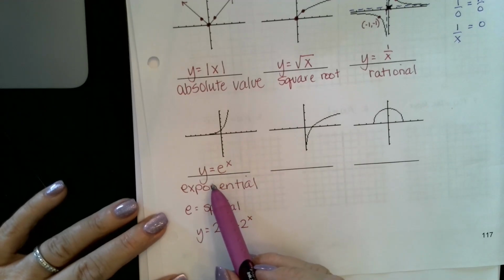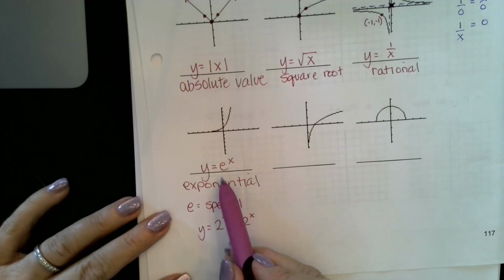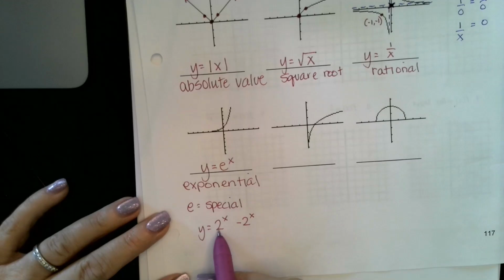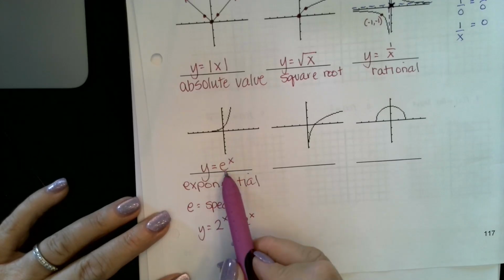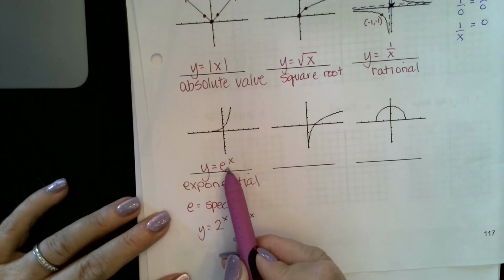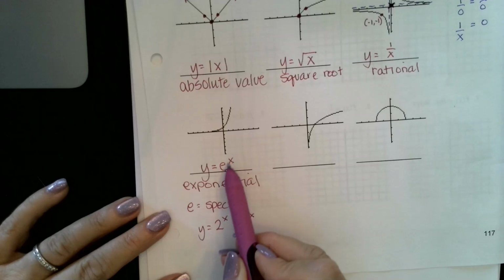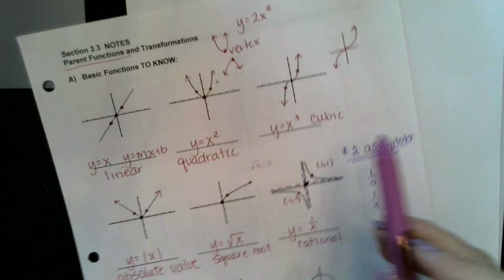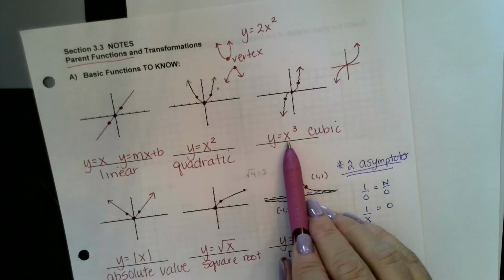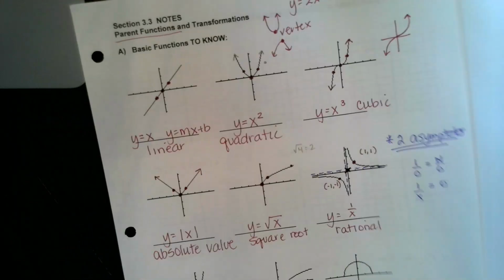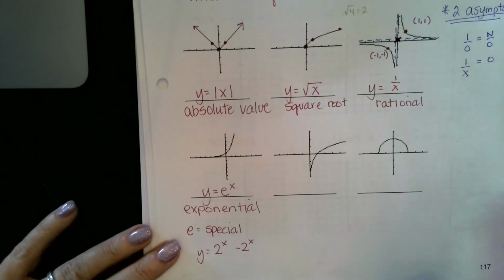E is like pi. It's 2.71 something. And so this letter E tells us that we're going to have some base, and my base here is E, and I take that to the x power. So that's why it's exponential, because my x is up here in the power. It's not like a cubic where my x is the base. The x is my power on an exponential.